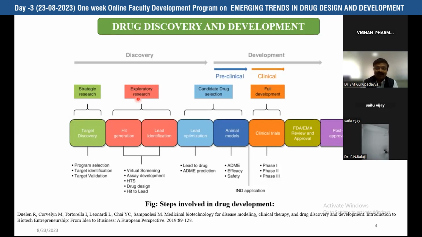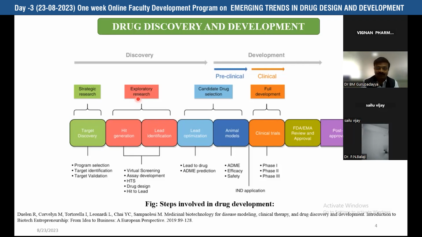Target drug discovery means that when we are planning a drug discovery for molecules going to the market, we first plan which particular disease there is. On that disease, we target the formation of the molecules. That gives a better idea than synthesizing a molecule and then identifying its applications, so target discovery is very important.